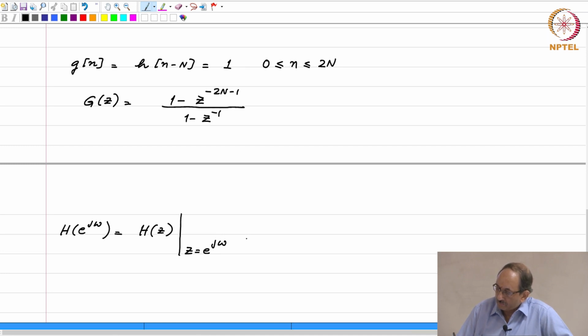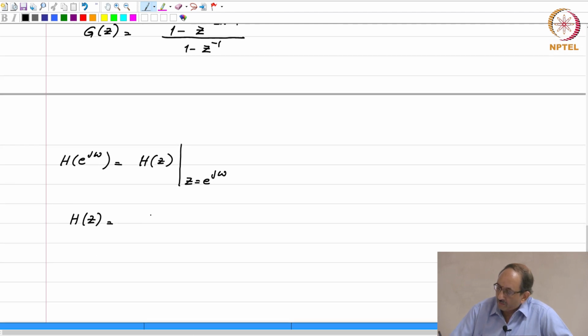And for this particular example, you can write the given h of z as this.